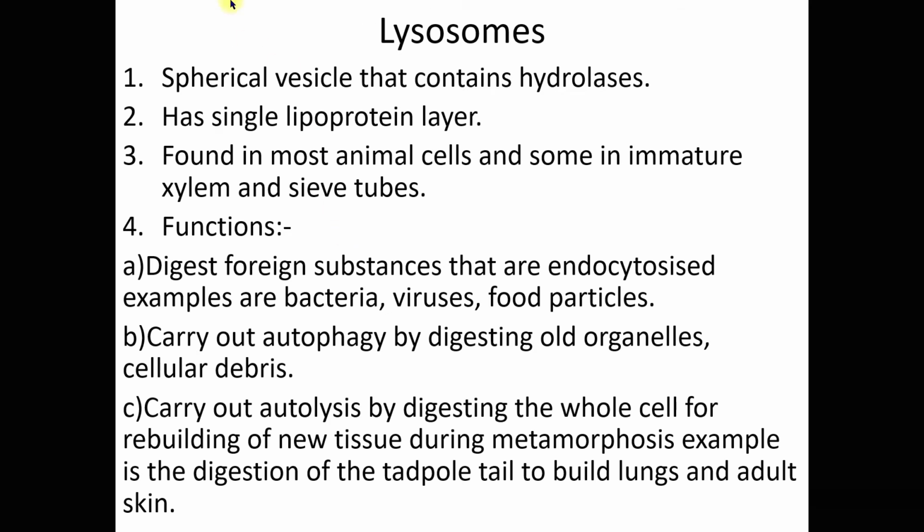Now the functions of lysosomes: digest foreign substances that are endocytosed. Examples are bacteria, viruses, and food particles. They carry out autophagy by digesting organelles as well as cellular debris. Then they carry out autolysis by digesting the whole cell for rebuilding of new tissue during metamorphosis. An example is the digestion of the tadpole tail to build lungs and adult skin.